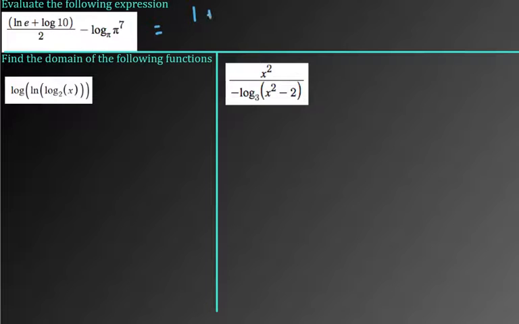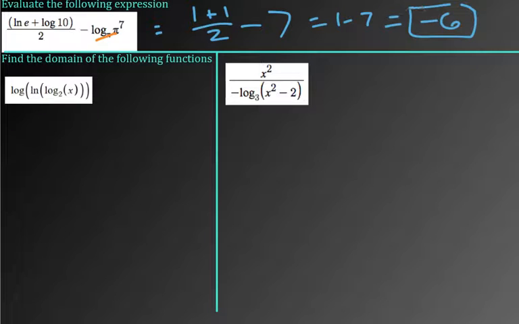So we have a plus 1 there. So that's all over 2. And then same kind of idea here, log base pi would cancel and give you that 7. So that's a 7. And so now you have 1 minus 7, which is negative 6. And that's it. Very nice simplification in here.